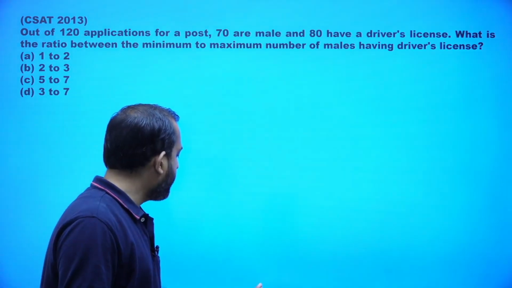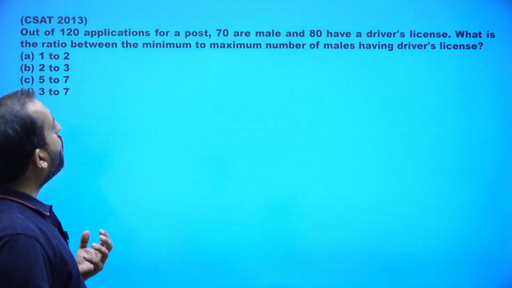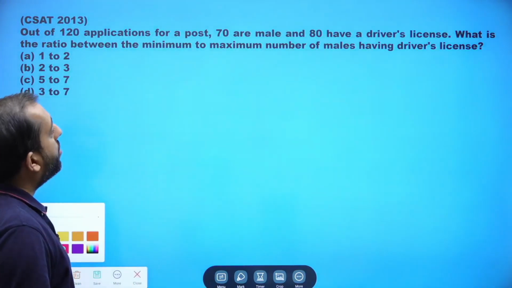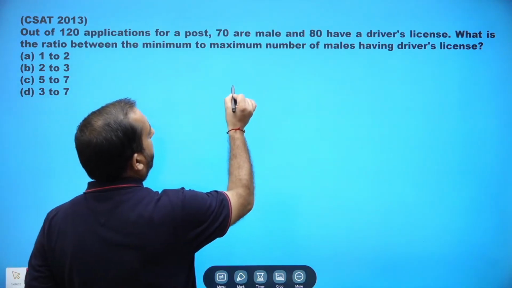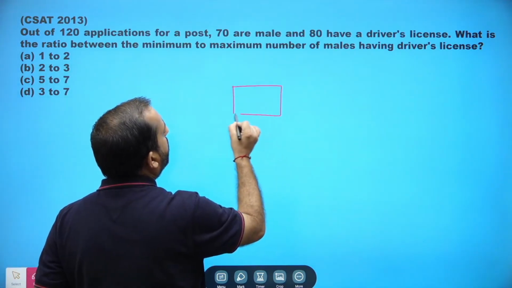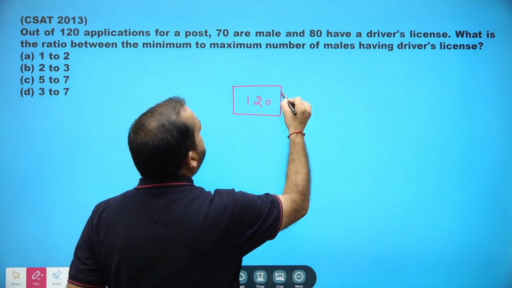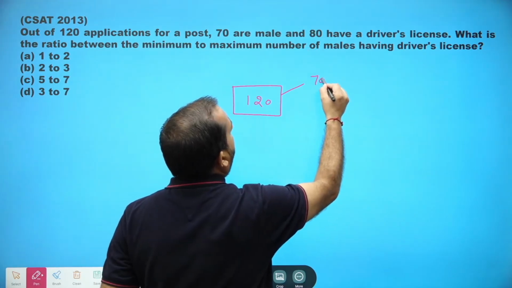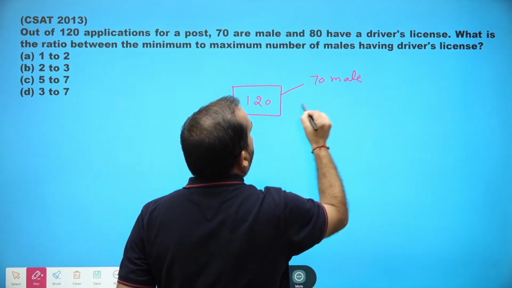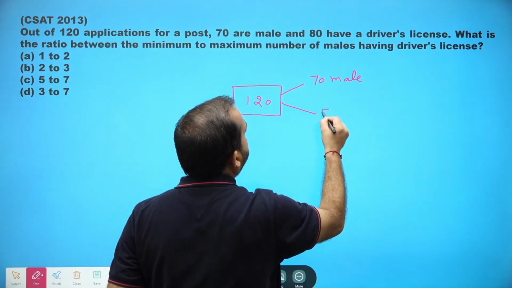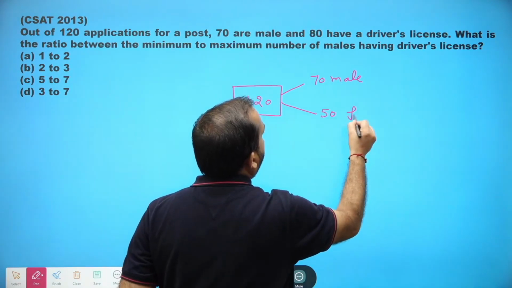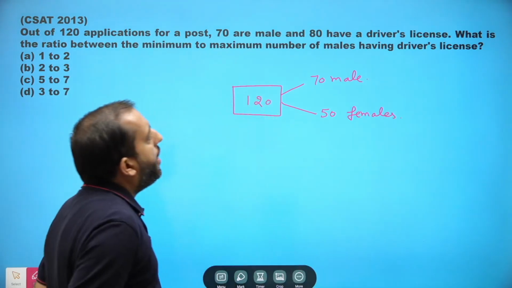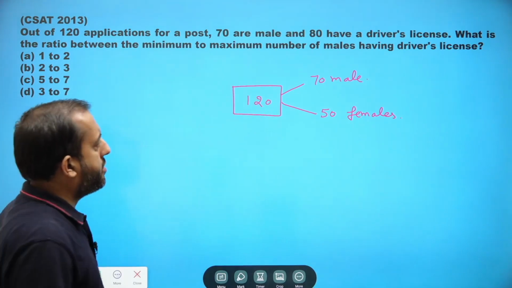Problem 1 says out of 120 applications for a post, 70 are male. If total applications are 120 and 70 are male, there are high chances that the remaining 50 should be female. 80 have a driver's license.